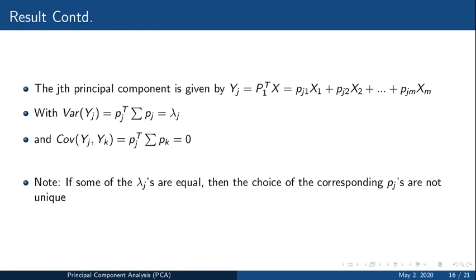We should note that all lambda j should be different. If they are equal, the choice of corresponding pj's is not unique.